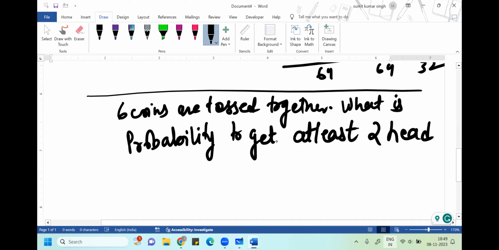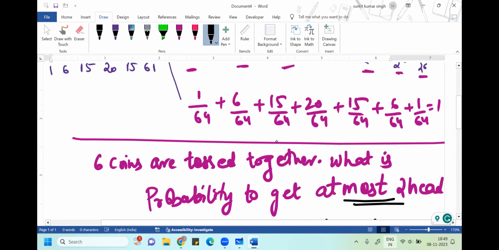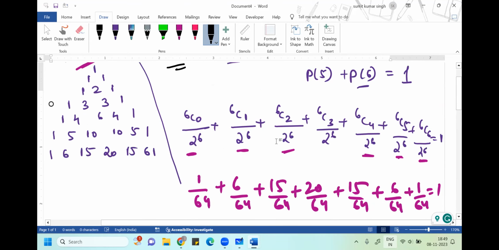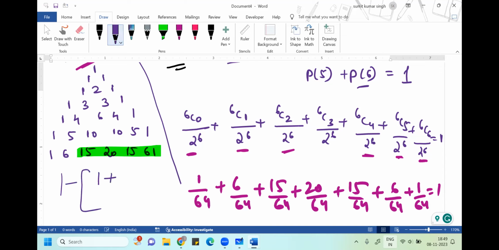Please remember this Pascal triangle. I hope you know what is Pascal triangle. If I'm asking you at least two head, what will you do? At least two head means sum total of this divided by 64. Either do this or 1 minus (1 plus 6) by 2 to the power 6.